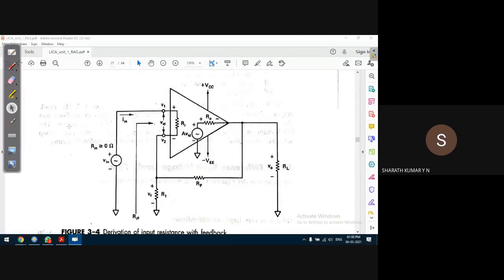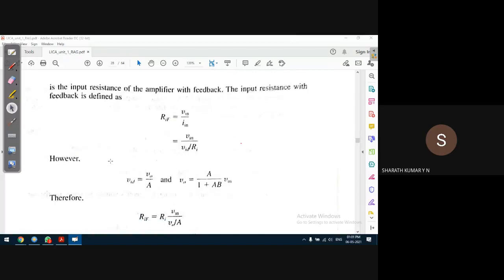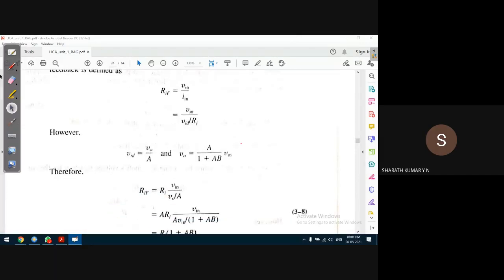As you observe, there is a voltage Vin and a current. So RA is equal to V by I, where V is the input voltage and I is the input current to the non-inverting input terminal. Considering that condition, we can express RIF as Vin by IIN.